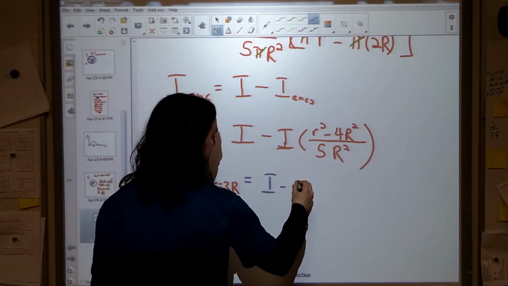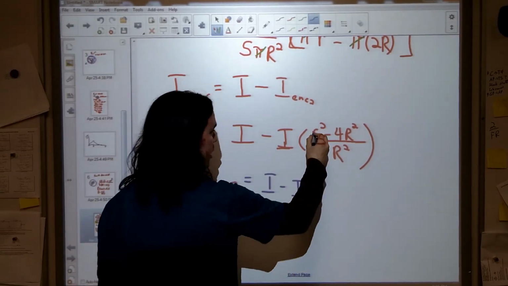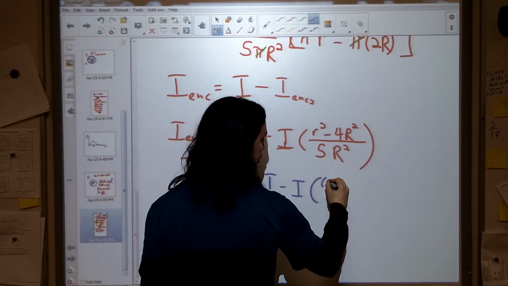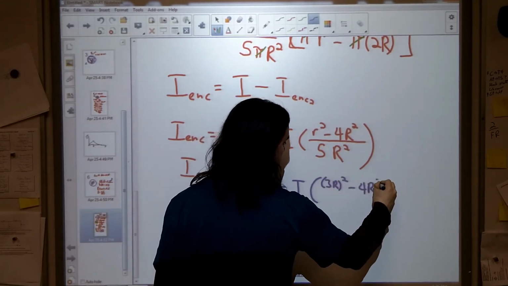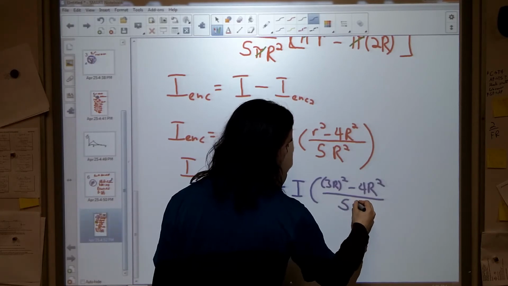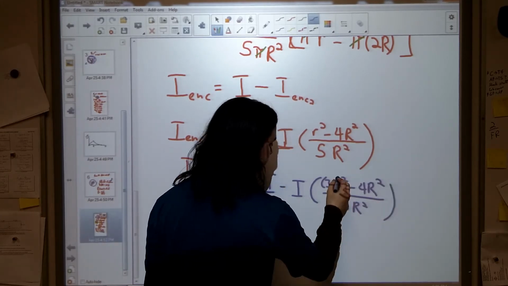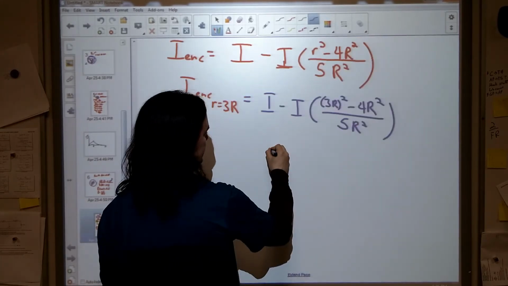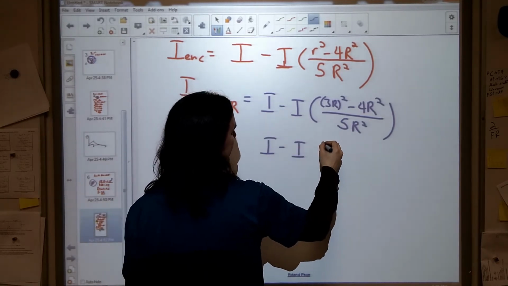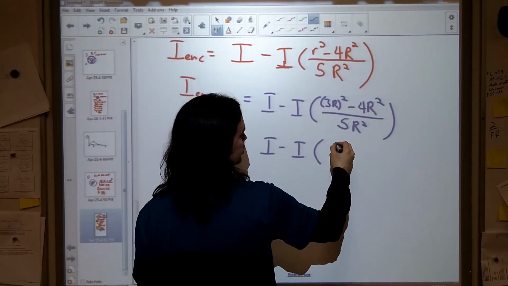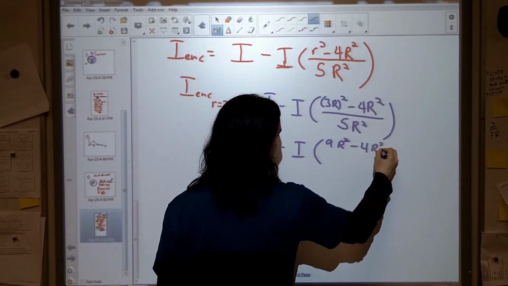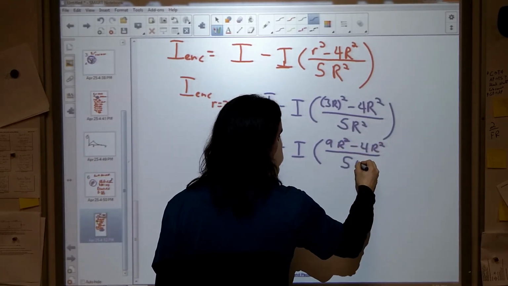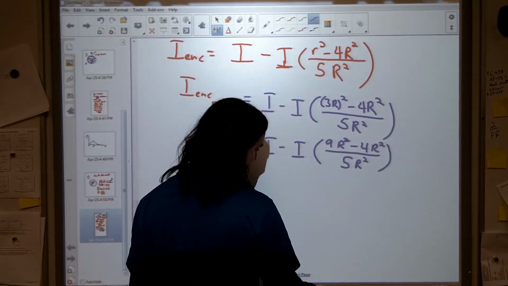We've got I minus I times little r becomes 3r, quantity squared, minus 4r squared over 5r squared. This is going to be the same thing as I minus I times the quantity of 3r squared is going to be 9r squared minus 4r squared over 5r squared. And hey, look at that.